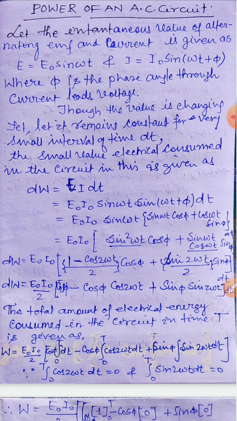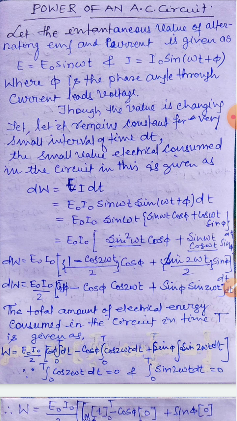So what we do, we first find out the expression for power consumed in an AC circuit by considering a general value of phase difference between EMF and current.